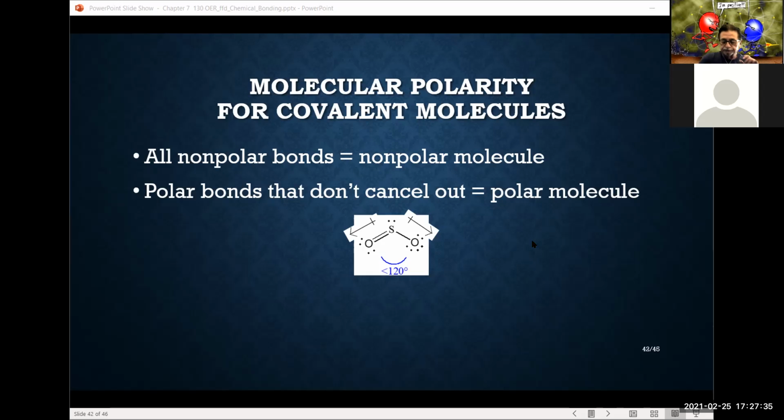Okay, remember the arrow. The arrow designates a polar bond. There is a polar bond between that sulfur and oxygen. And there's a polar bond between the sulfur and the oxygen on the left-hand side. Notice the direction that the arrows point relative to each other. They are what we mean by canceling out.